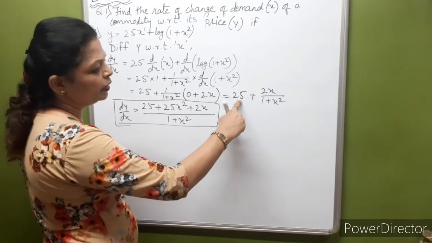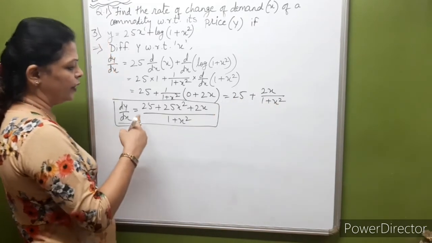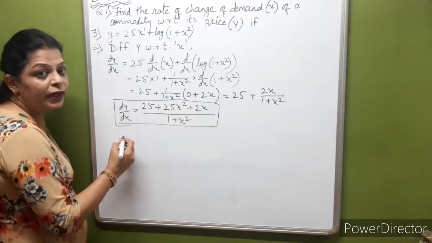Correct? We have multiplied 25 into 1 plus x square. So you get this. Now but we have to find dx by dy.